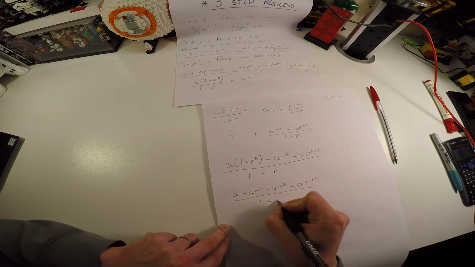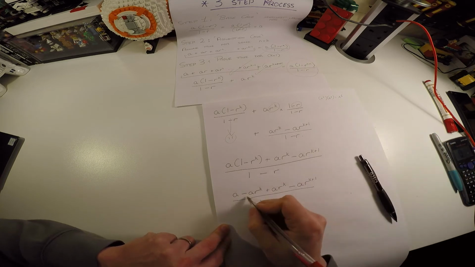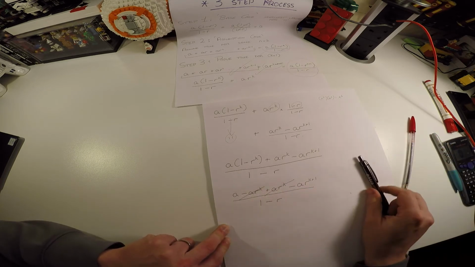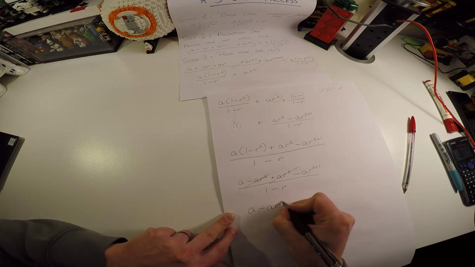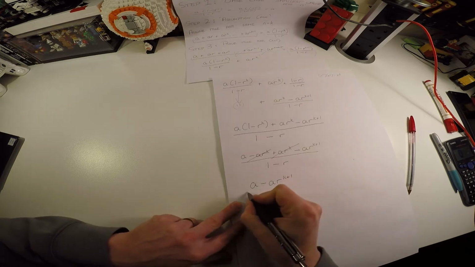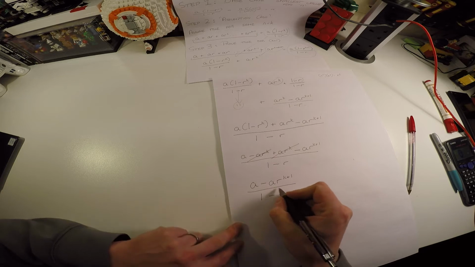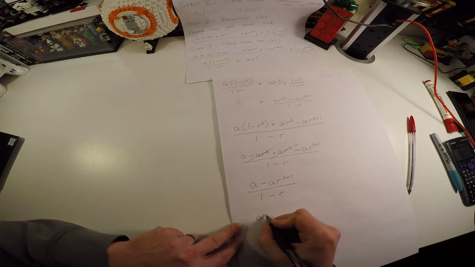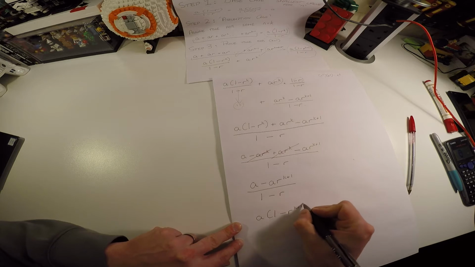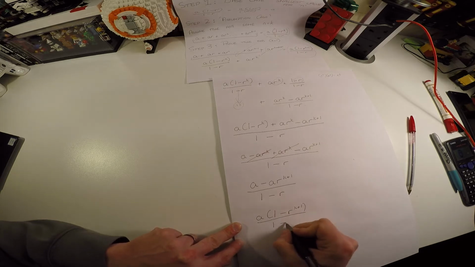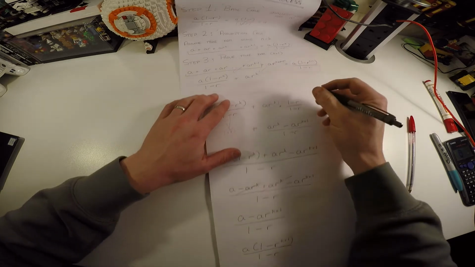That's all over 1 minus r. Now hopefully you should see these two terms cancel. And I'm left with a minus a r to the k plus 1 all over 1 minus r. And of course if I factor out an a, I get a times 1 minus r to the k plus 1, all over 1 minus r. And yeah, that's what we wanted to get to.